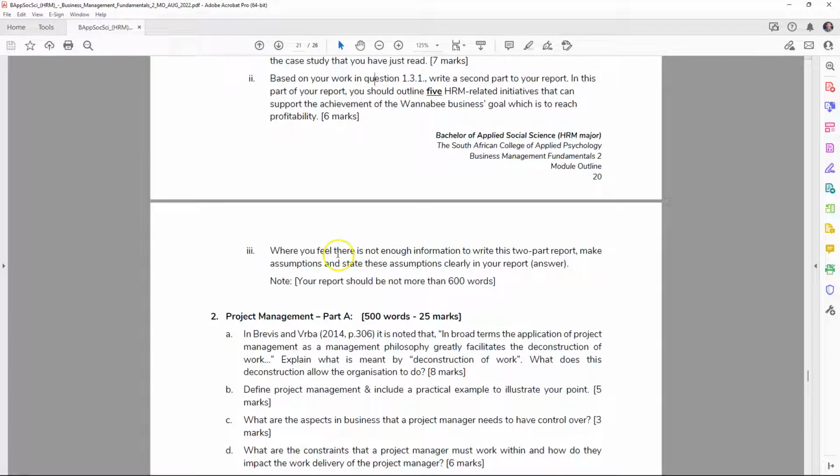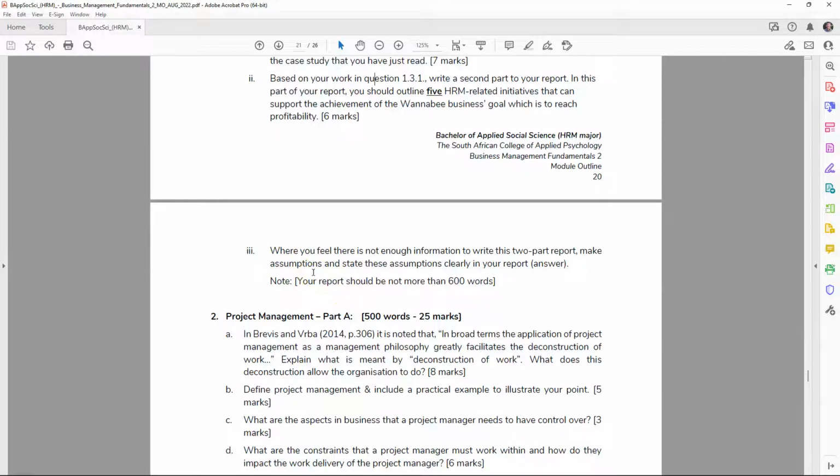It's just a note that with case studies you get given certain information, and sometimes you think maybe there's something missing here. You can make reasonable assumptions, and then you must state those assumptions clearly in your report. So this is a notification.